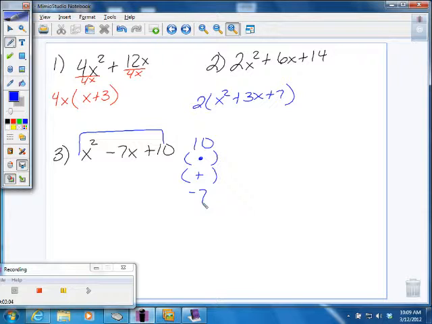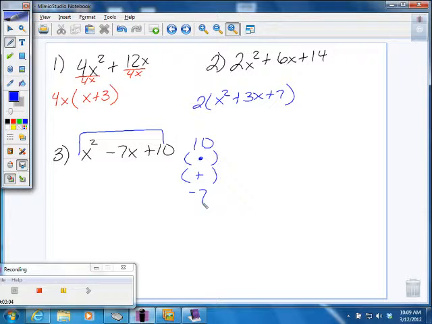Now, you add up in the middle and multiply. It's 1 times 10, which is 10. So you need 2 numbers that will multiply to give you 10, but add to give you your middle number, which is negative 7.